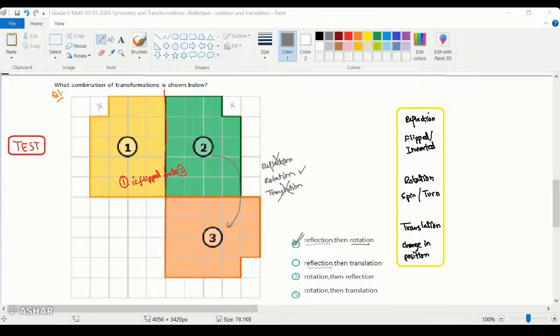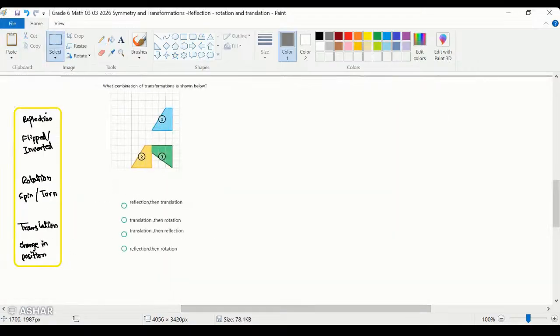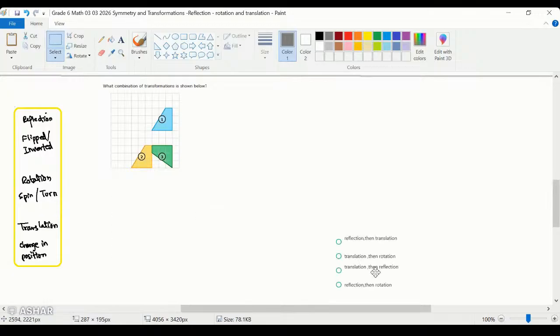Let's have a look at another example. What combination is shown to us in the given question? If this would be our question number 2. These are the possibilities given to us.